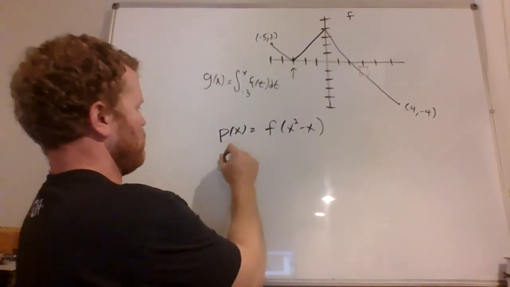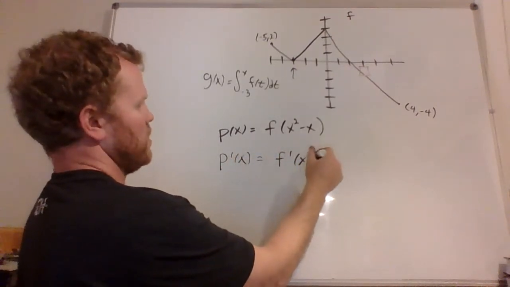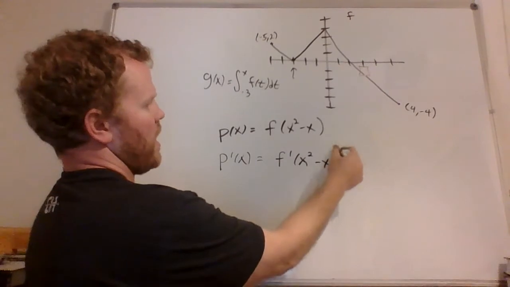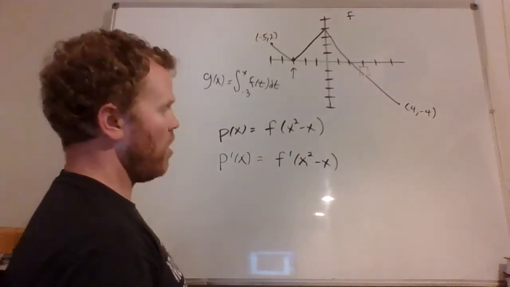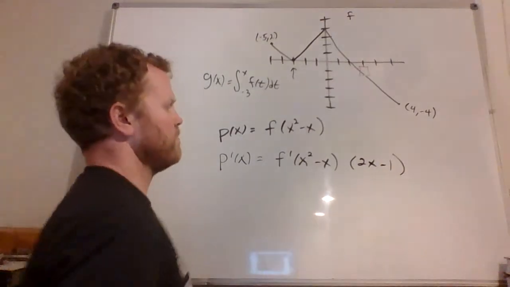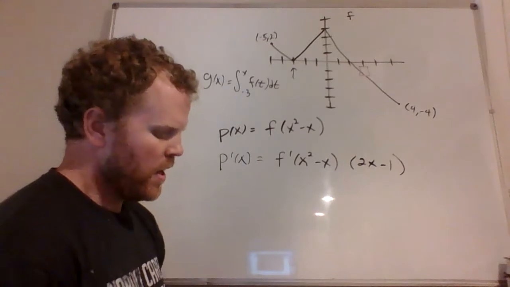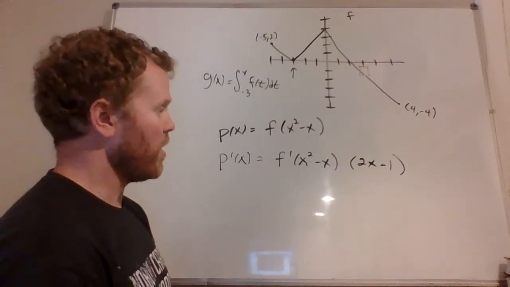So we want to just do p prime of x, which should just be f prime of x squared minus x, all back inside for a 2x minus 1 because of the chain rule. And then we want to plug in negative 1.